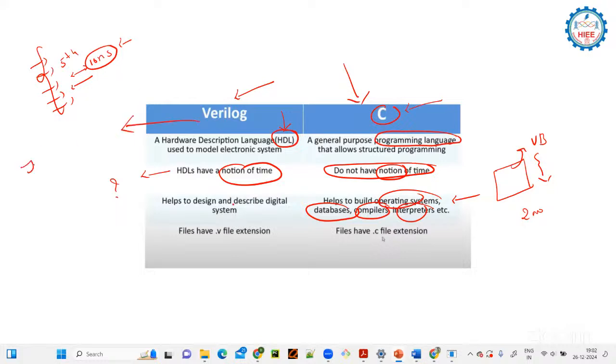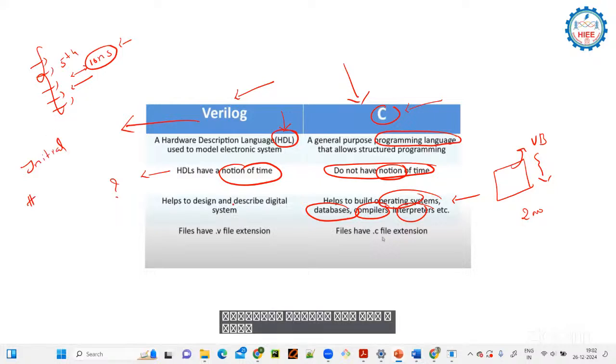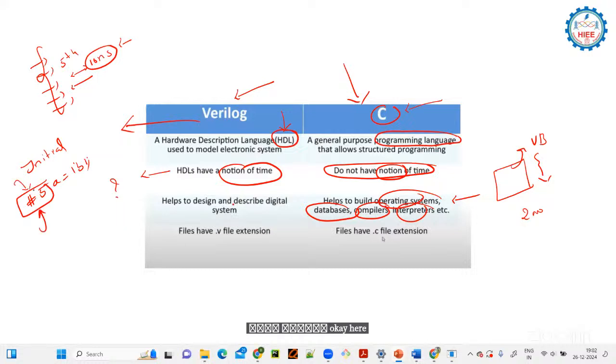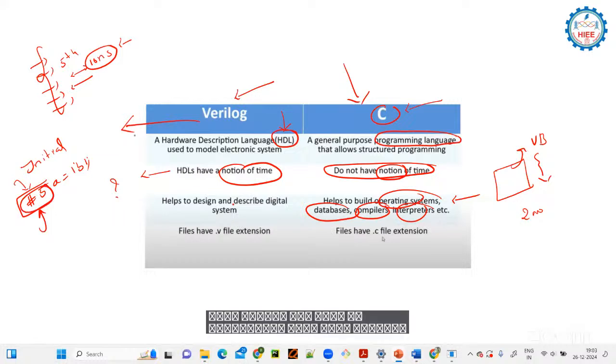In fact, in yesterday's coding session, we took one initial block. In that, I wrote something like hash 5 a equal to 1'b1. It means I am waiting for 5 time units. Here the concept of time came into the picture. So these HDLs have a notion of time in them.